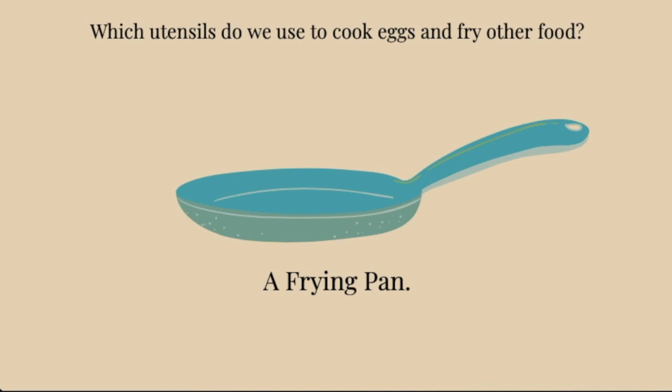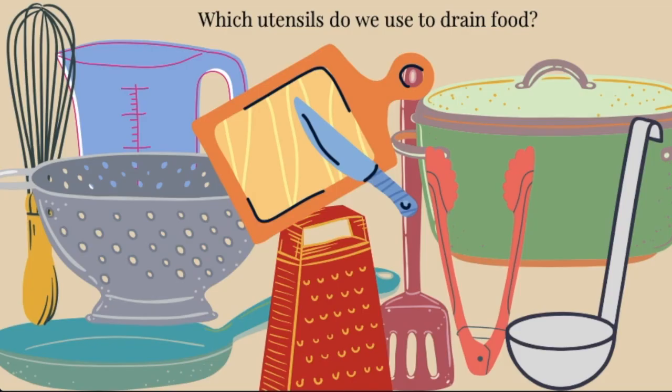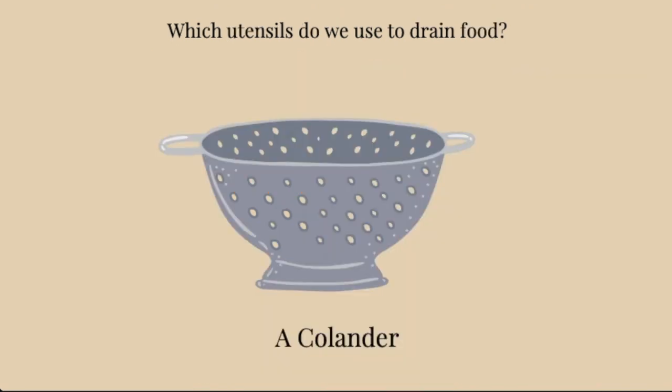A frying pan. Repeat. A frying pan. Which utensils do we use to drain food? A colander. Repeat.